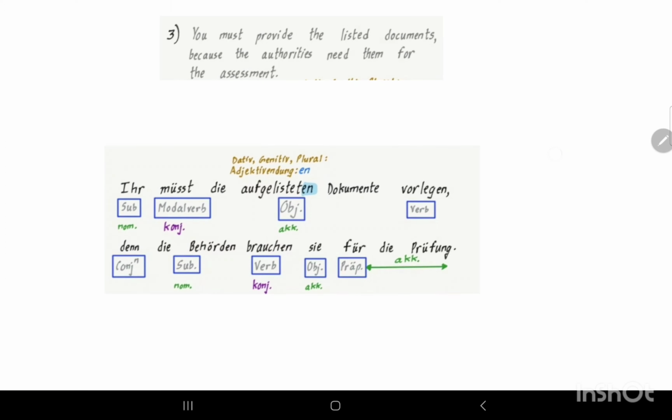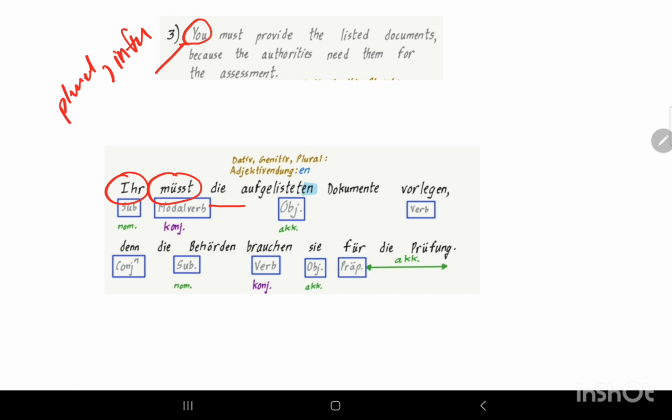So here, just to make your life a little bit difficult, here I mean you plural and informal, right? So if it was formal, you could have used Sie, capital S, but informal, so you will use ihr. Then müsst, die.